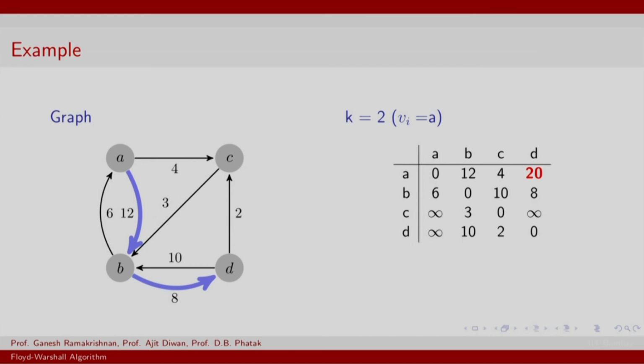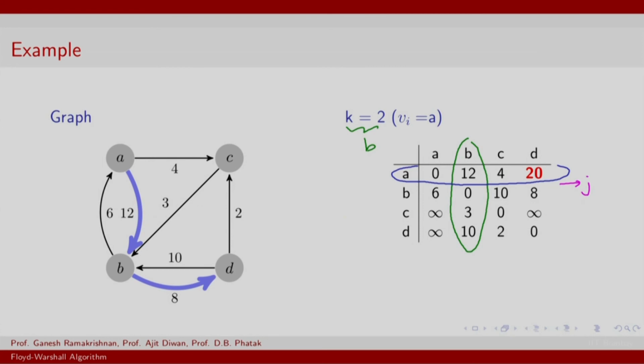Recall, we are going to decide on the column based on K, and that happens to be this one because this corresponds to B, and the row will correspond to Vi equals A. So this is the row, and we are going to now scan for J in this row.